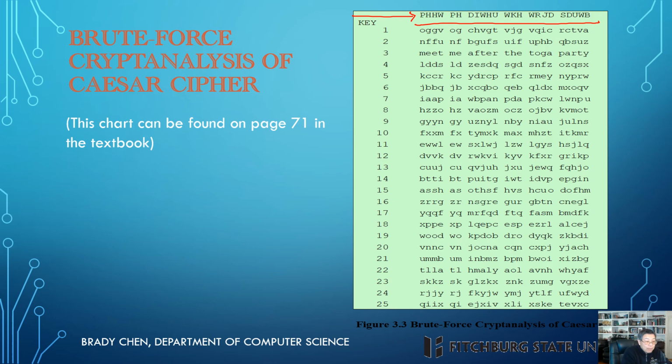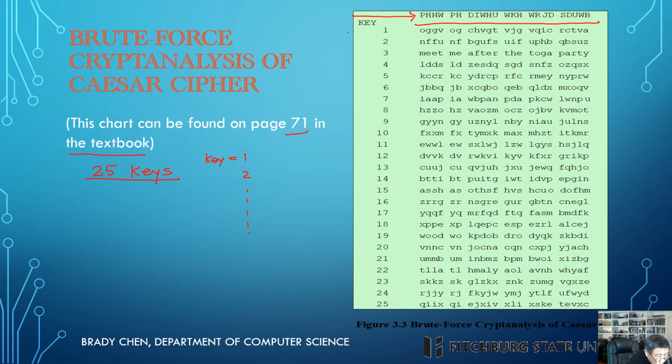Since the Caesar cipher has only 25 different keys, we can try these by using the table on the right, a chart that can also be found on page 71 in the textbook. So we can try to decrypt the message using different keys: key equals 1, key equals 2, and so on.